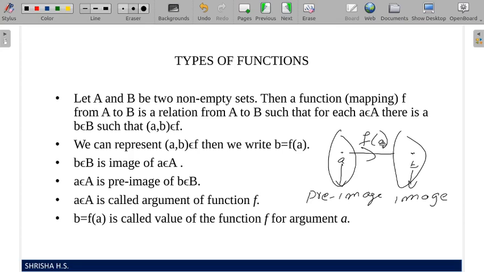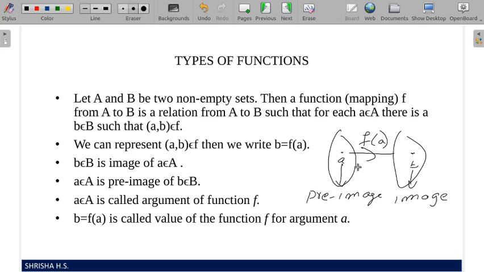So in f of A, A is also called the argument of function f, and B is called the value. B is the value of function f for argument A. These are different naming conventions we are talking about here.